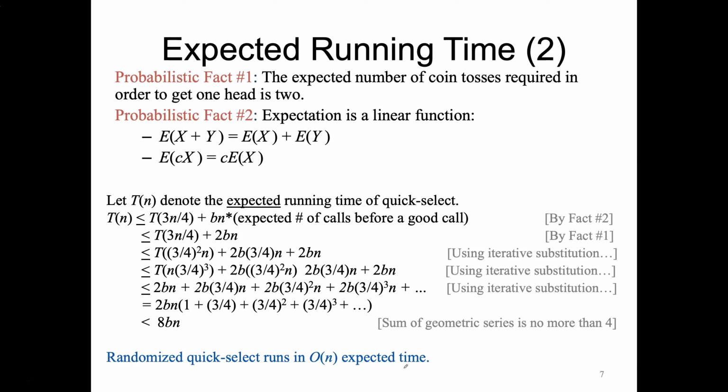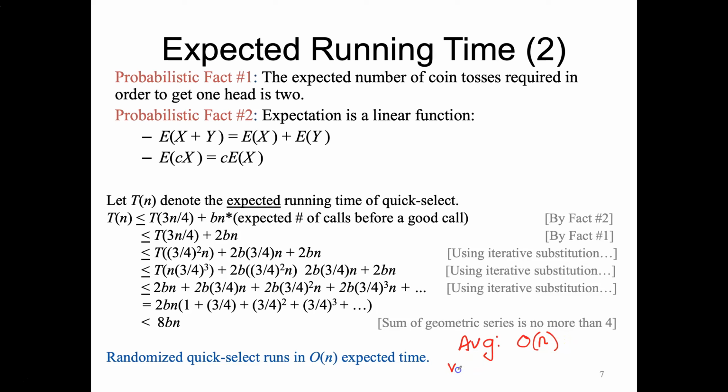This is because we can expect that we're not going to get a bad pivot every single time. So this is our average runtime of randomized quickselect.